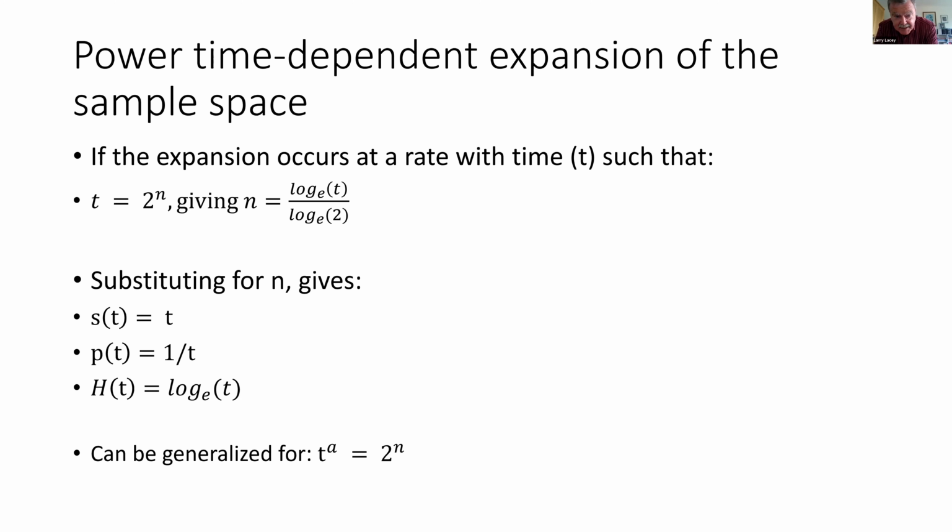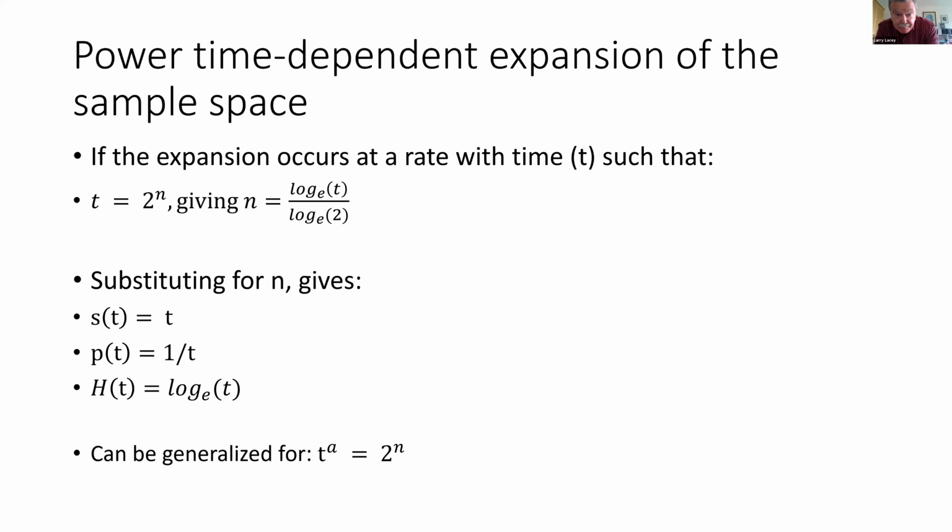So let's say the doublings are occurring with time. So t is equal to 2 to the power of n. So you can work out then what n is equal to: n is equal to log t over log 2. And you can substitute into the previous equations I gave you, which are the basic equations.